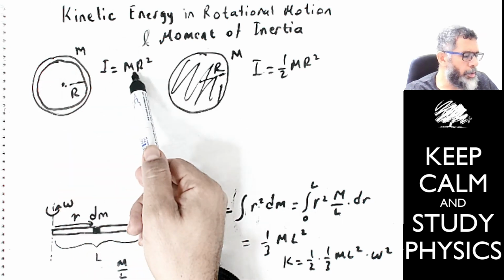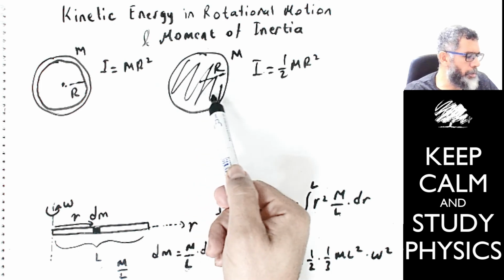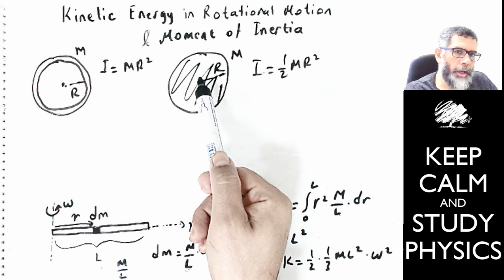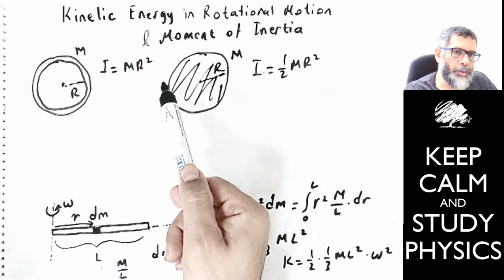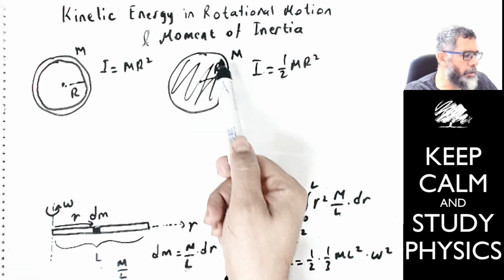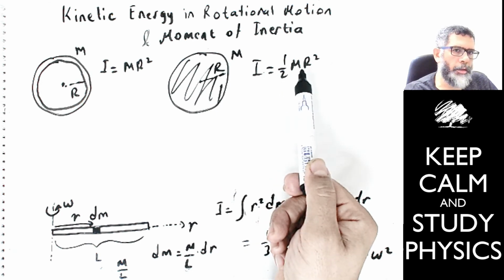So obviously the wheel should have a larger moment of inertia, because in the disk some of the masses approach the center of rotation, and they will have smaller tangential speeds, which contributes a smaller amount to the total kinetic energy. In that case, in totality, you will have a smaller moment of inertia. That's reasonable.